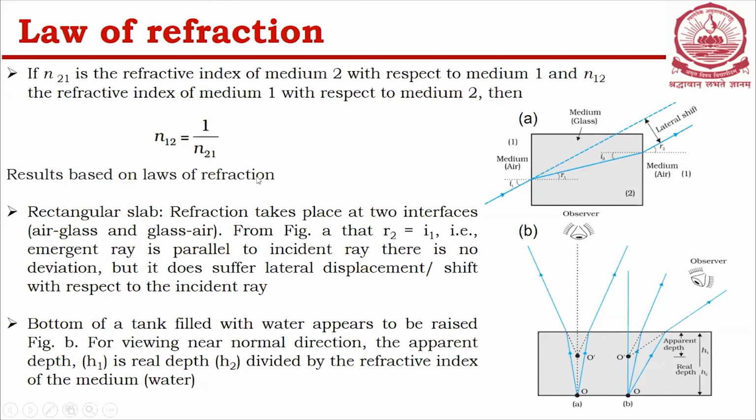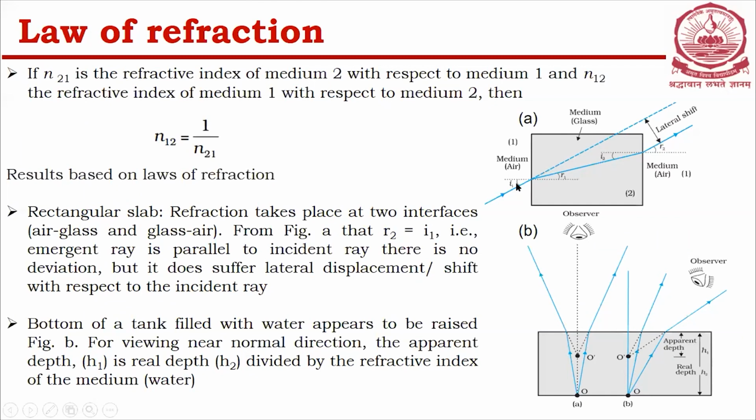So there are some simple results you can get based on the refraction. One is a rectangular glass slab. You can see that the refraction takes place at two interfaces. If you carefully look into this, the angle r2 of the emergent ray is equal to i1, the incident ray.